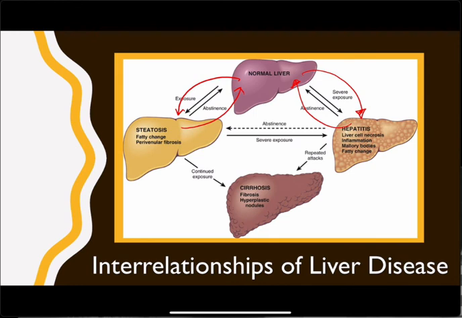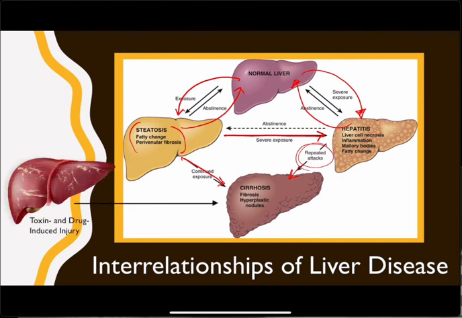There is a threshold that can be reached with the steatosis, where after a certain point, it will progress to that hepatitis, or sometimes it will go directly to cirrhosis. The hepatitis, repeated attacks over and over, bouts of inflammation will ultimately lead to fibrotic changes.